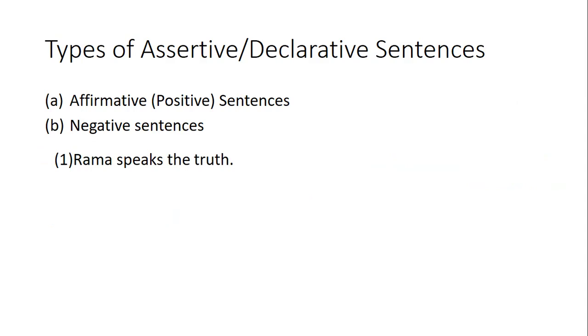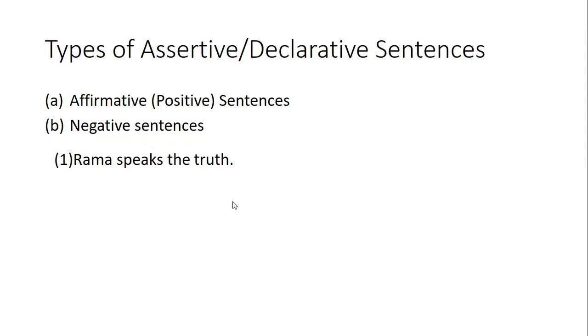And throughout, while we'll practice many more modules further, we will always call positive sentences affirmative sentences. And the other type of assertive or declarative sentences are the negative sentences. So if we see the first one, Rama speaks the truth, an assertion is done, a declaration is made, a statement is done, right? Rama speaks the truth, but it is a positive statement.